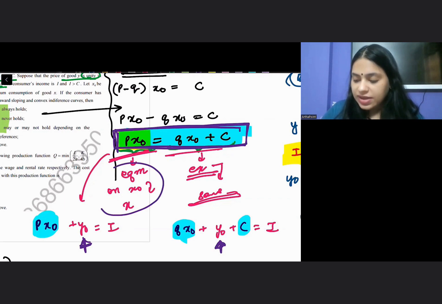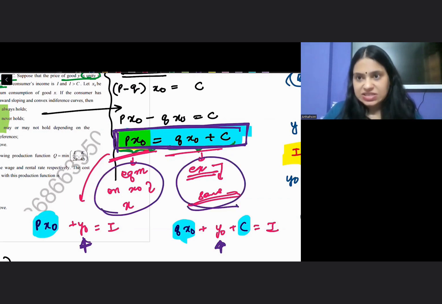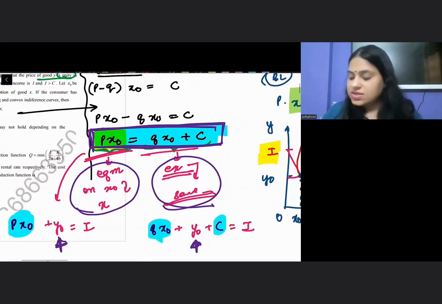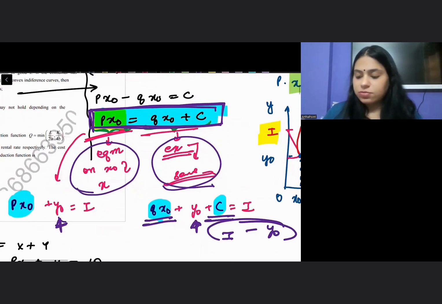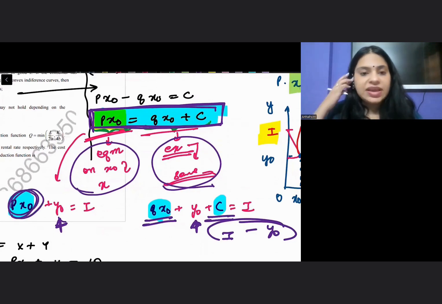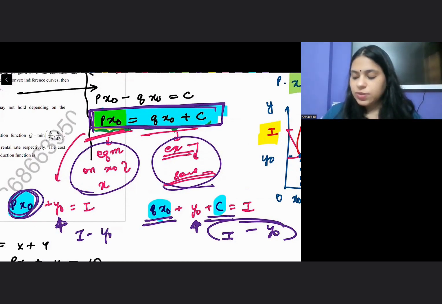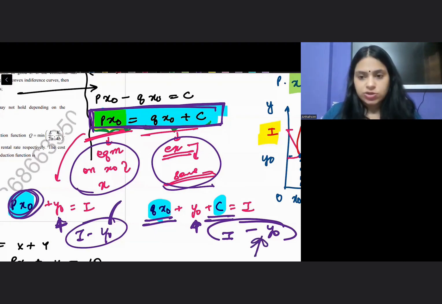So the expenditure on good X is the same. If I find the value of q x naught plus c, I will get I minus y naught, and from here, if I find p x naught, here also I will get I minus y naught. So the two will be equal only if this y naught is equal in the two situations.